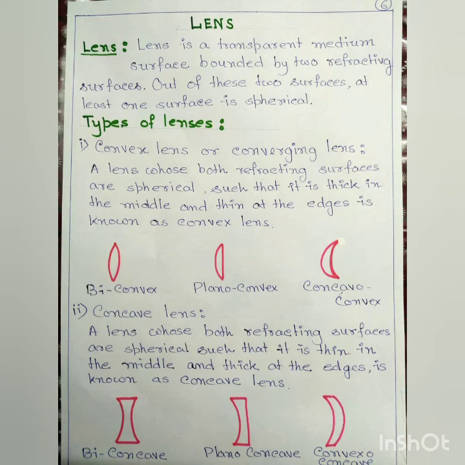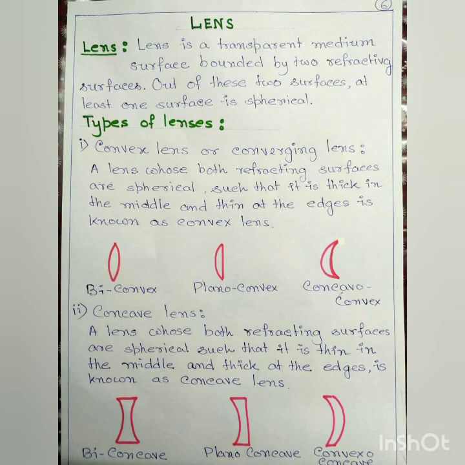Now there are different types of convex lens: biconvex lens, plano-convex lens and concavo-convex lens. Also remember, a convex lens is also known as a converging lens. Why is it known as a converging lens? That we will discuss in our next class. And another form of lens is the concave lens.